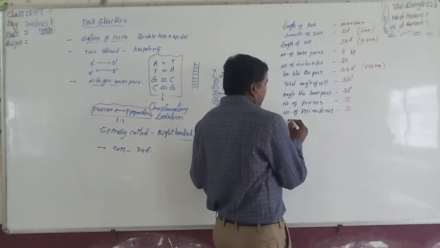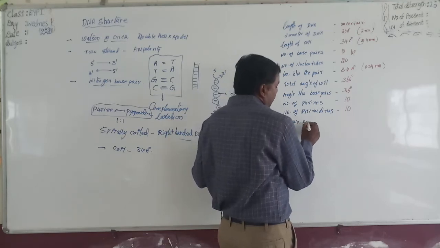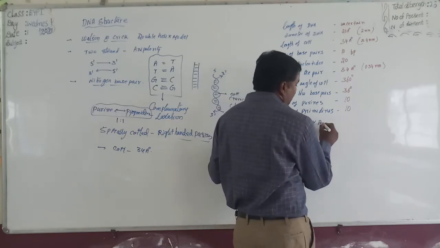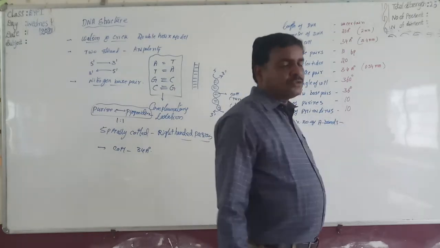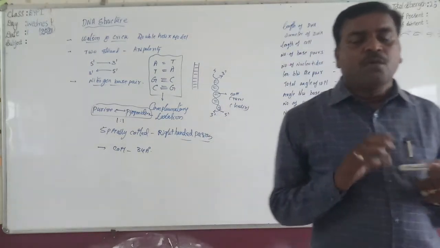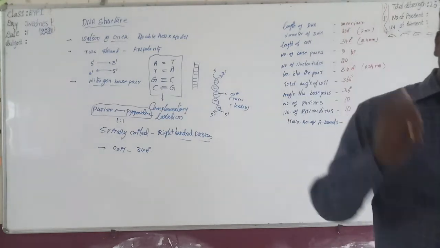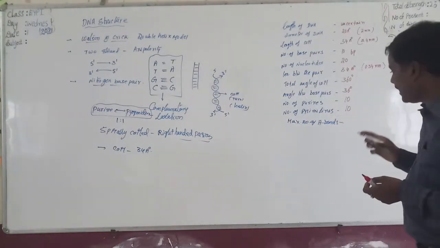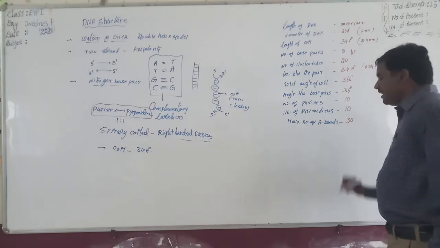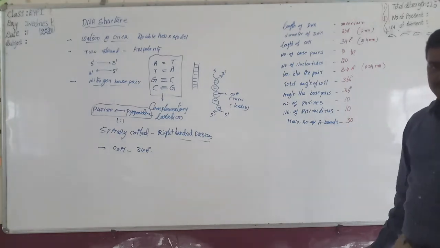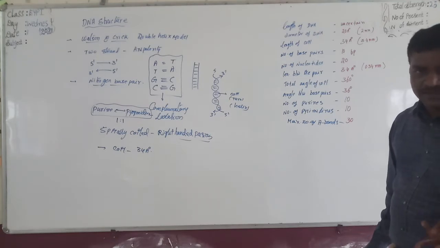Now coming to another point. What about the maximum number of H bonds? For example, there are total 10 base pairs. What is the maximum number of hydrogen bonds present in one coil? Maximum number is 30. Why is the maximum number of hydrogen bonds 30?